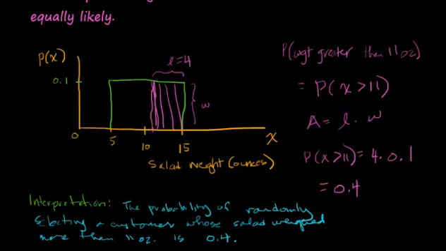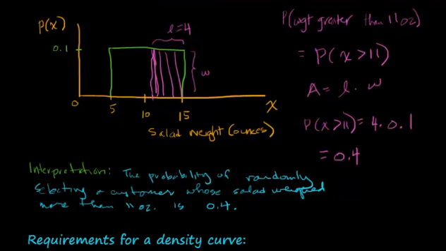Now, why didn't we ask the probability of a randomly selected customer whose salad weighed exactly 11 ounces? Well, let's think about that.